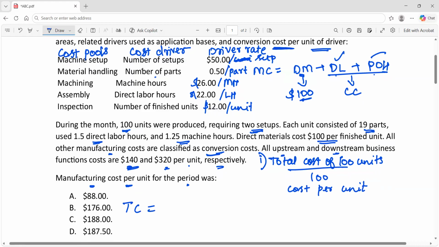So first let's calculate the total cost. First, we will calculate the total setup cost. What is the cost per setup? It is $50 per setup. Okay. We produced how many units? 100 units. For producing 100 units, it required two setups, right? So for one setup, if it is $50, the total setup cost will be 50 into 2, plus the number of parts.